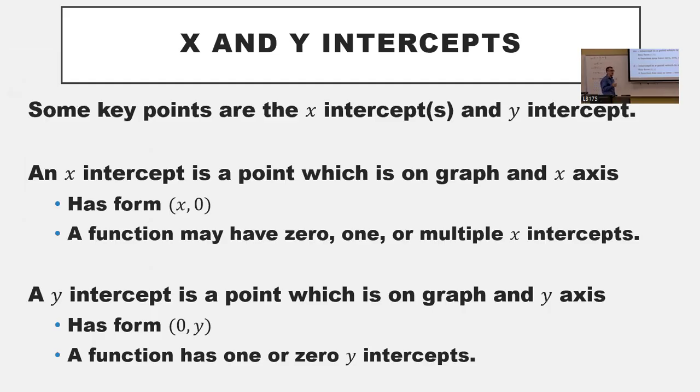Now, what we can do, since we know how to solve absolute value equations, we can now take that knowledge and use it to calculate the x and y intercepts for an absolute value function.